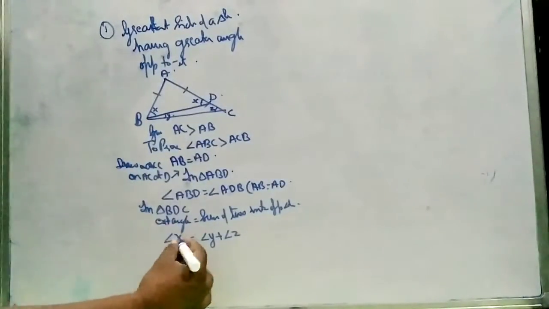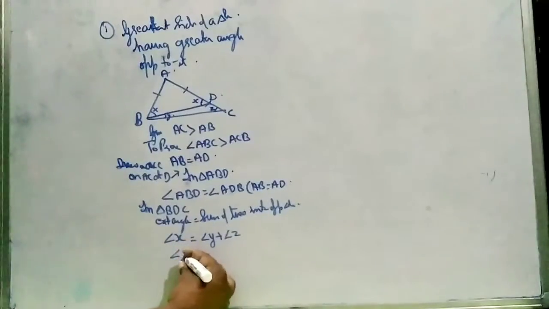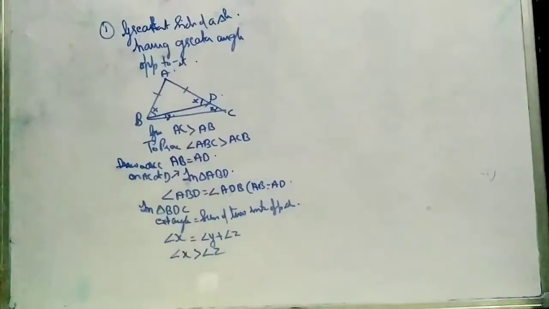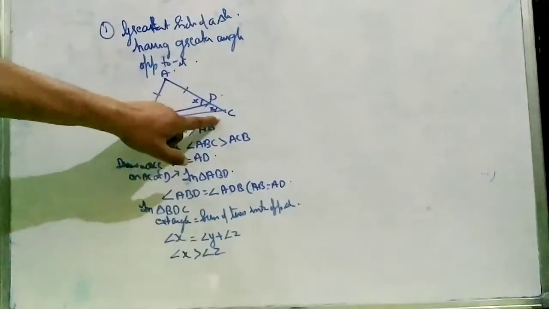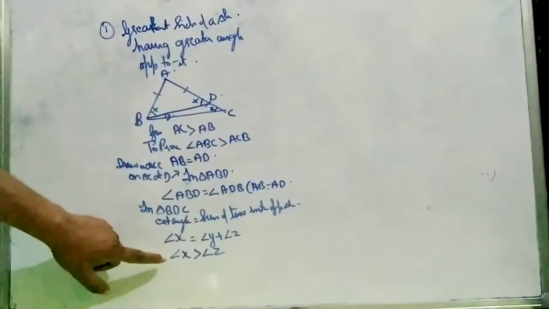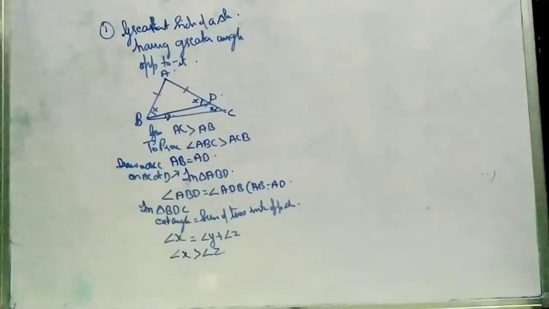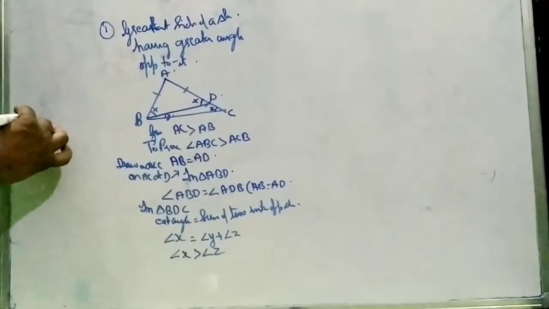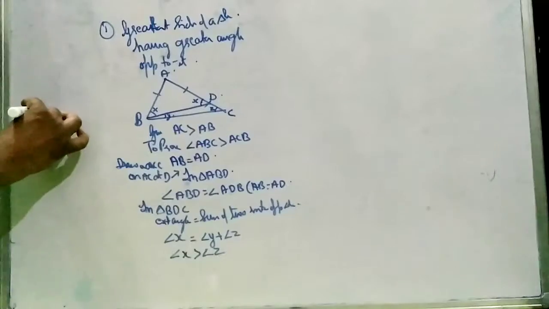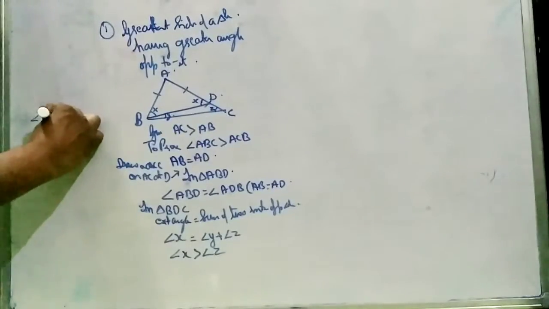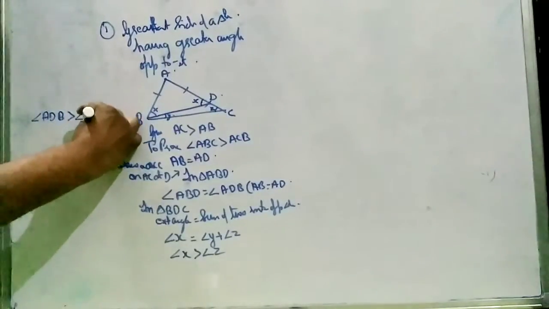It means that individually angle x is greater than angle z, because this angle x is the sum of these two angles. If you compare individually, angle x will be greater than angle z. It means that angle ADB is greater than angle ACB.